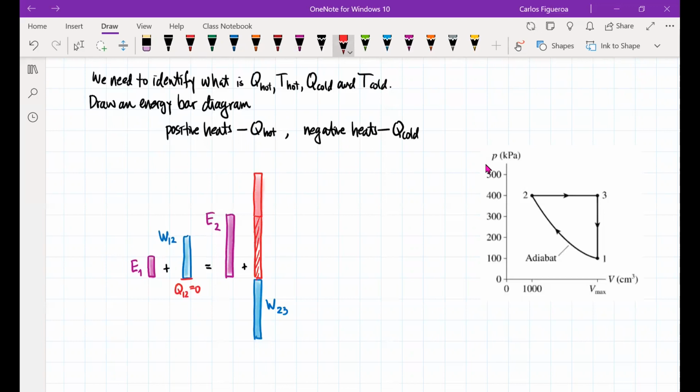So now what you're seeing here is that I now have my heating from 2 to 3. And that should give me an internal energy that looks like this. So I'm going to increase it by 2 squares. So then I have to have it like this. So this is my internal energy at 3.